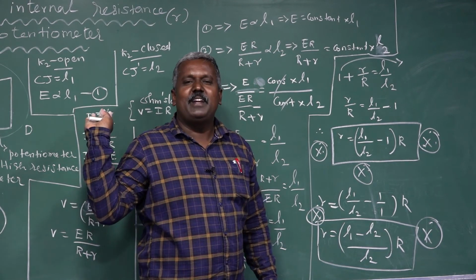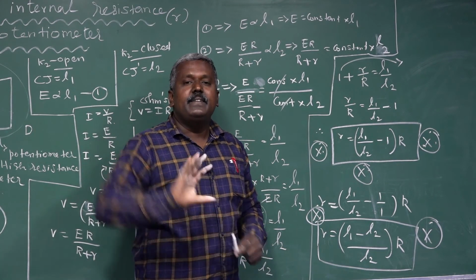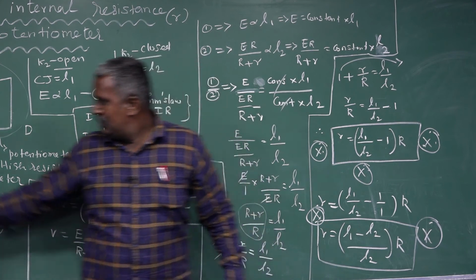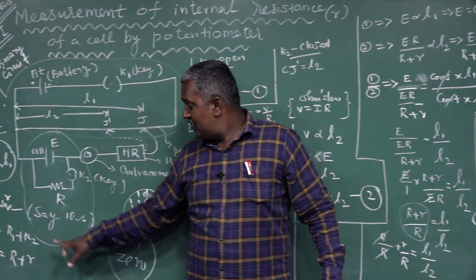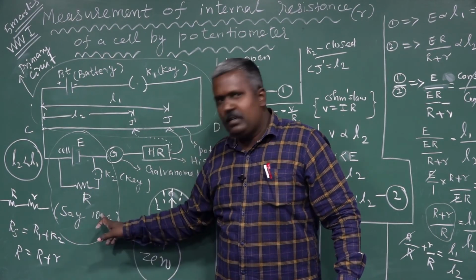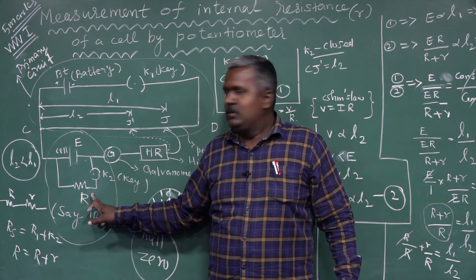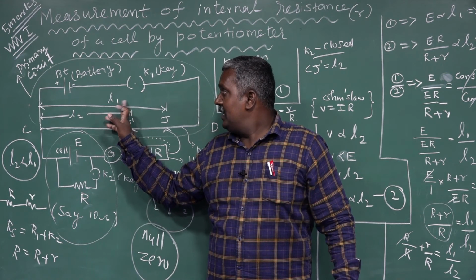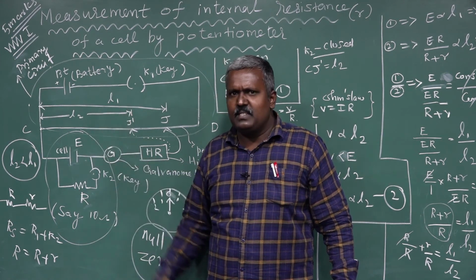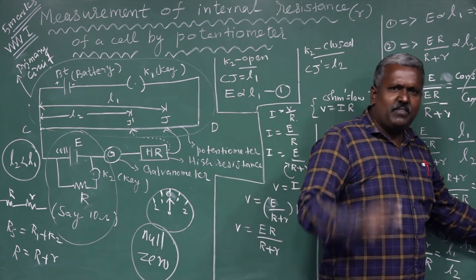The same experiment is repeated for different values of caps R, for example 10 ohm. L1 varies, and L2 also correspondingly varies, but the ratio L1 by L2 will be constant.